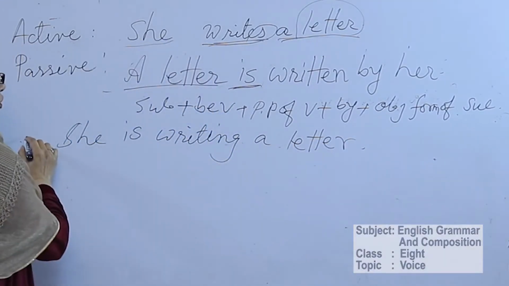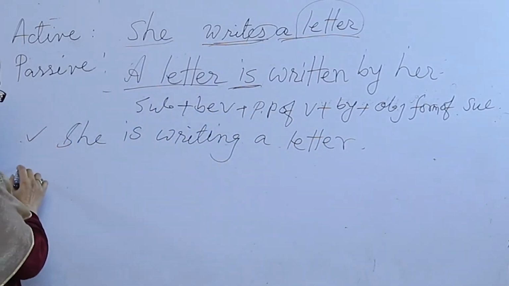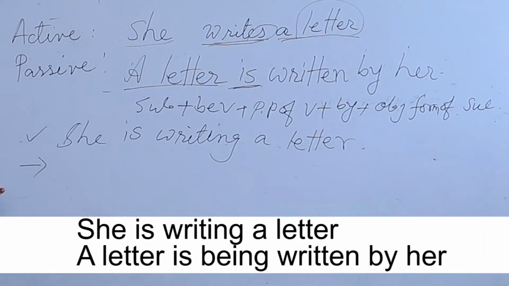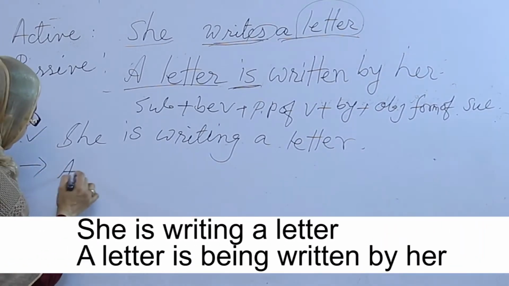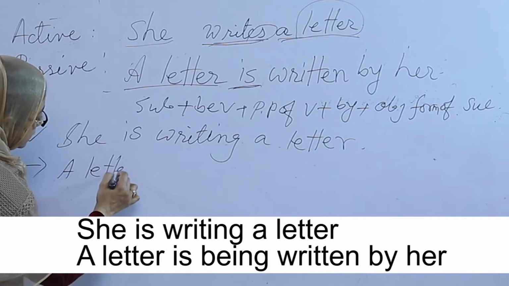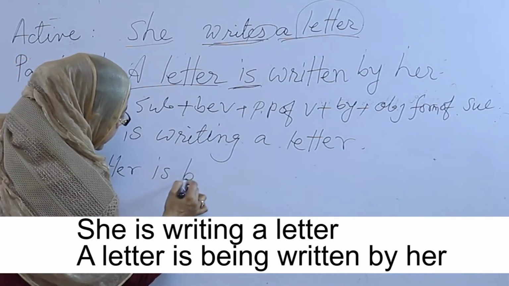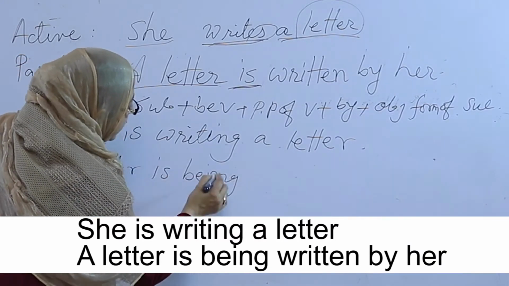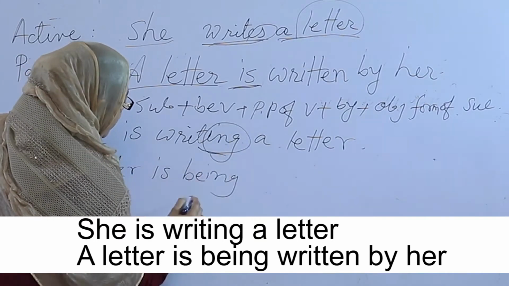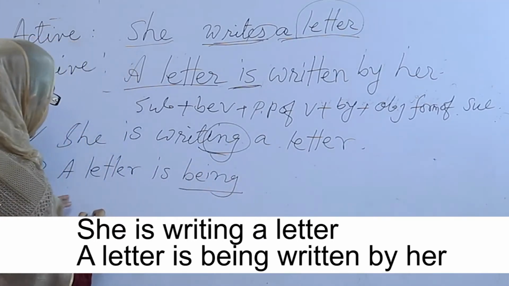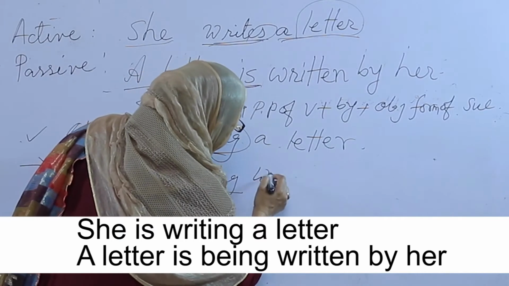This is the present continuous sentence. How can I turn it into passive? A letter is being written by her. We use "being" because it is a continuous form.